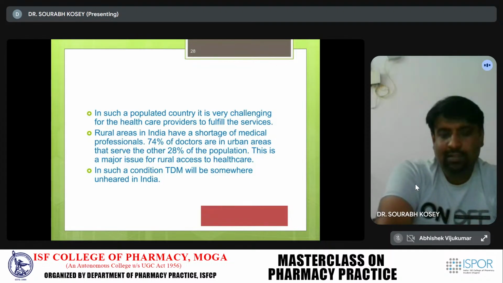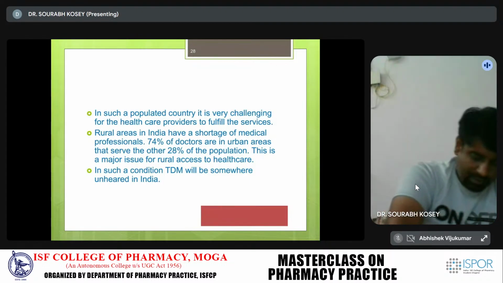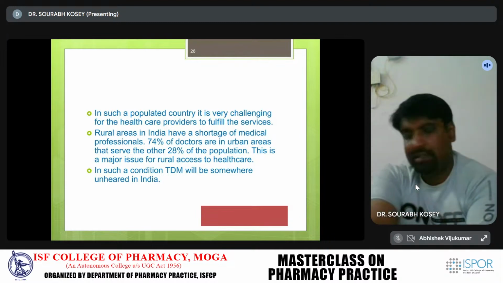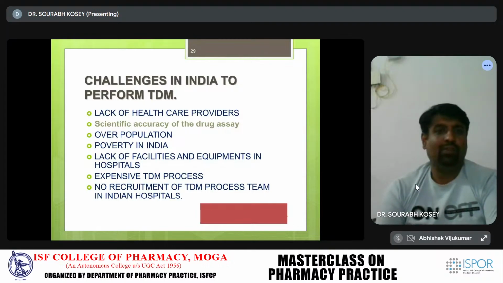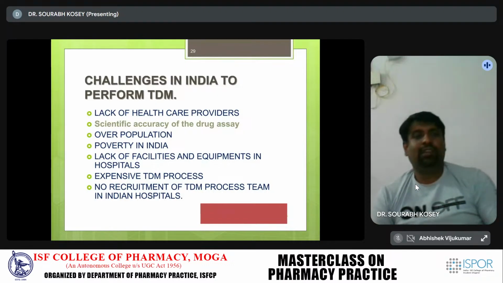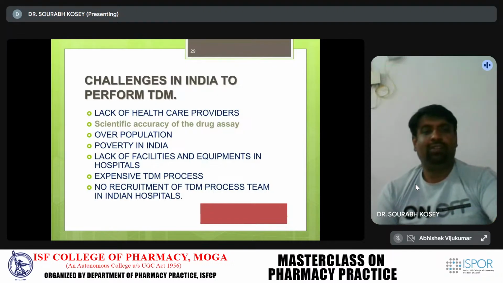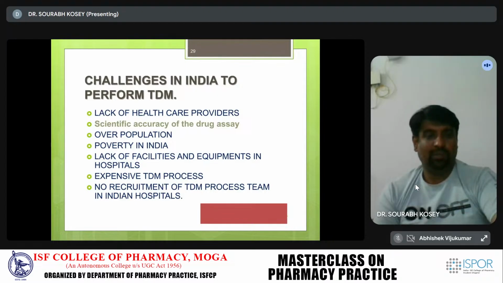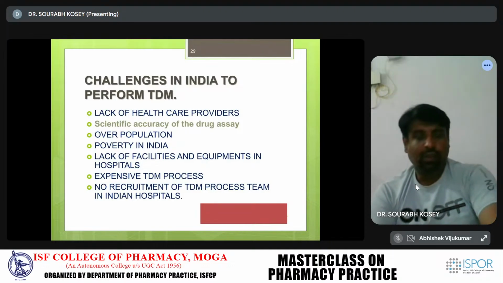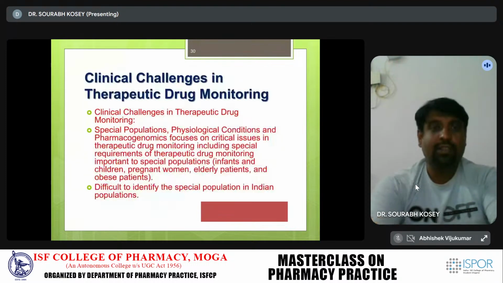In such conditions, therapeutic drug monitoring in such advanced access and clinical practice is not done. There are various challenges in India to perform therapeutic drug monitoring: lack of scientific accuracy of drug assay, lack of healthcare providers, overburdened in terms of population, poverty in India, lack of facilities and equipment in hospitals, expensive therapeutic drug monitoring process, no recruitment of a therapeutic drug monitoring team in Indian hospitals.